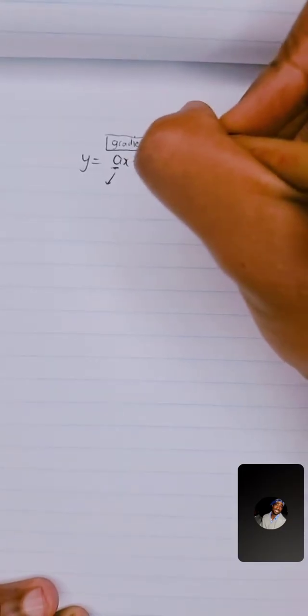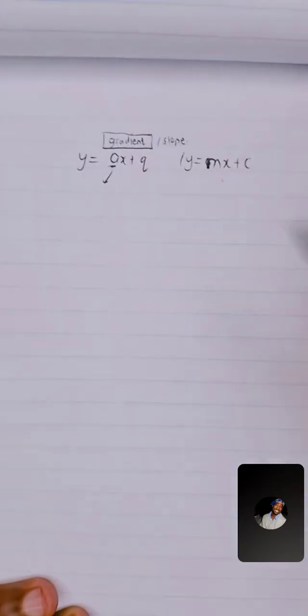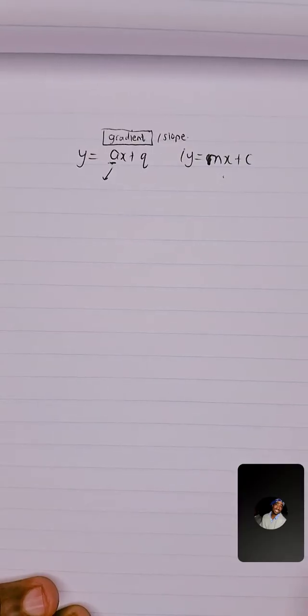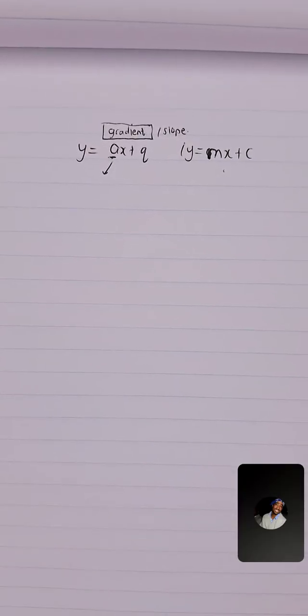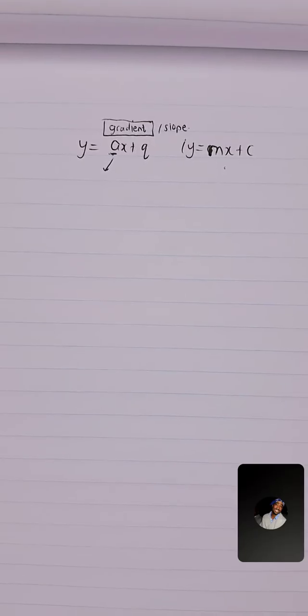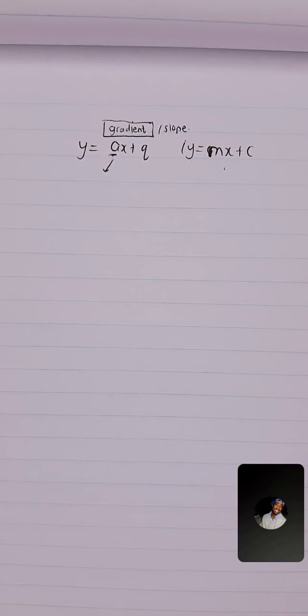Or some people say it's the slope. Okay. Because what does it do? It just measures how steep our line is, how close the line is to the y-axis. The closer the line is to the y-axis, the steeper it is. The further away our line is from the y-axis, the less steep the line is.